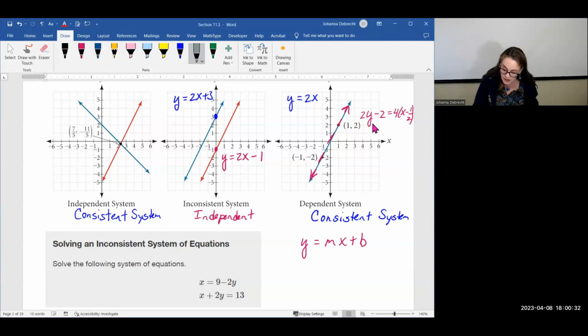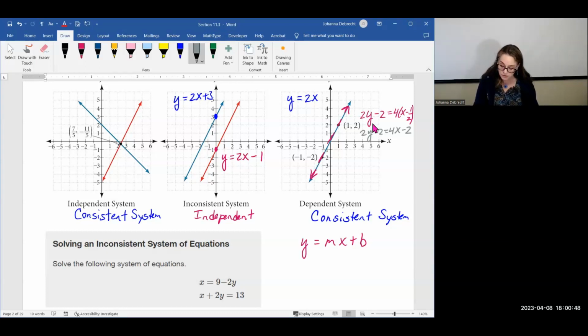Let's go gray. This is going to give me 2y minus 2 equals, distributing the 4, 4x minus 2. Negative 1/2 times 4 gives me a negative 2. And then I need to get y by itself.